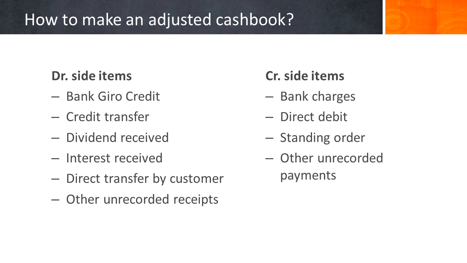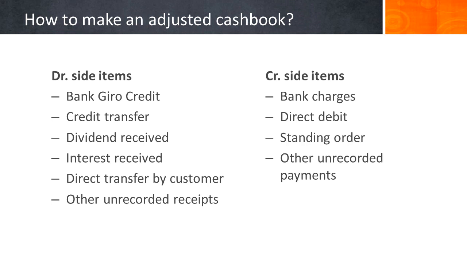Another item which may be recorded on the credit side of the adjusted cash book is a standing order. A standing order is basically an instruction from the business to the bank to deduct a certain amount of money on a monthly or regular basis.